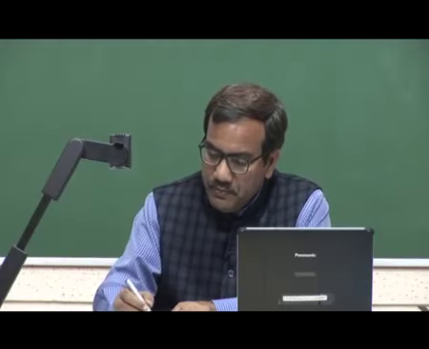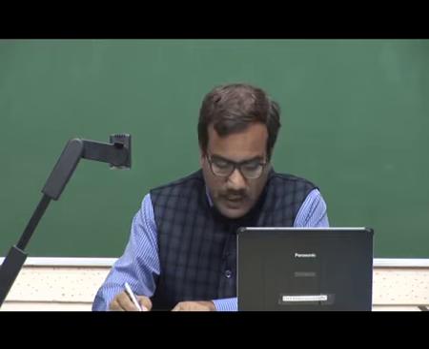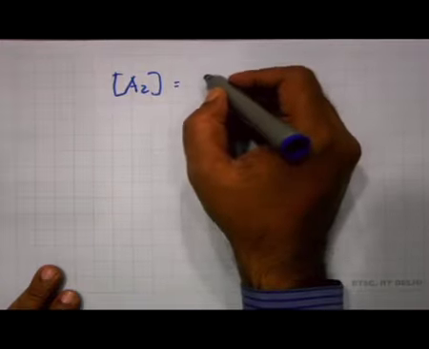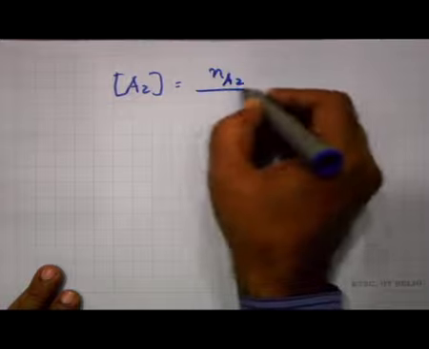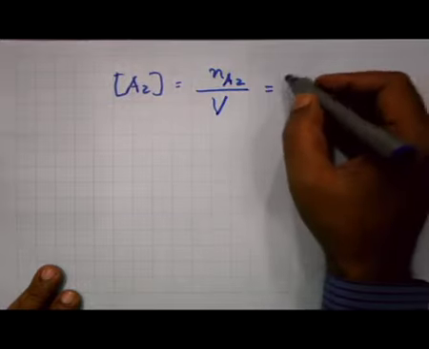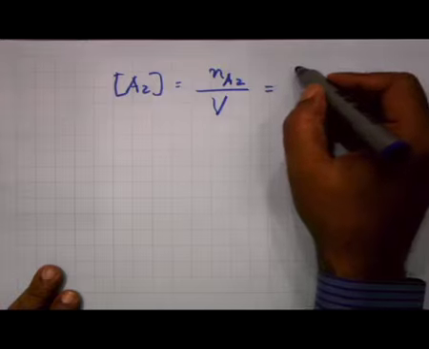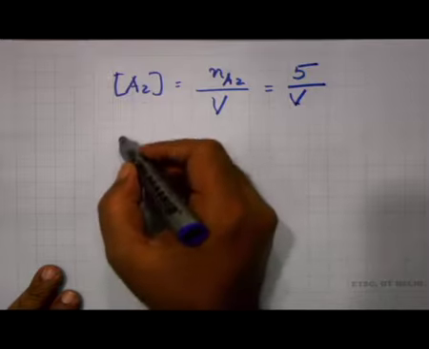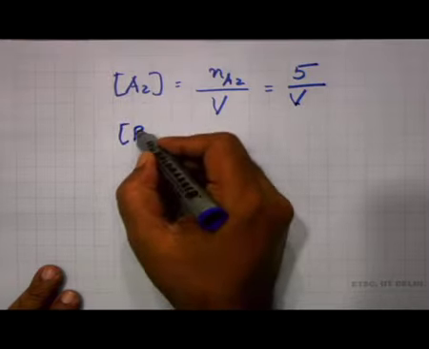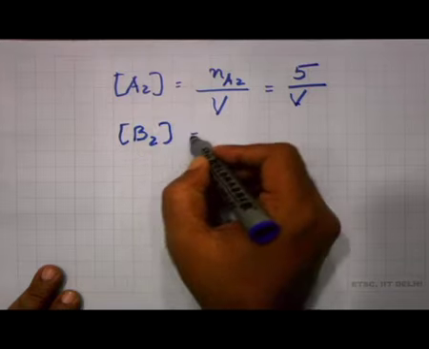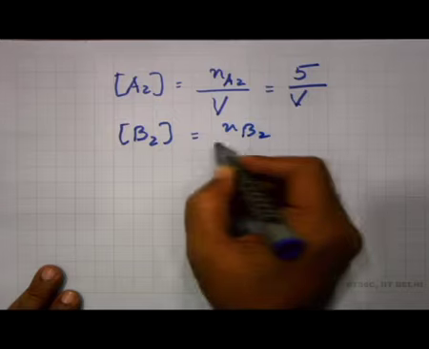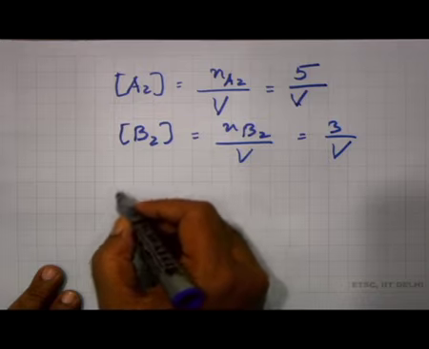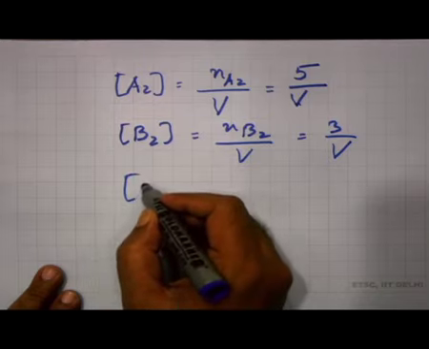Once you know the volume, we can simply calculate the concentration of A2. Concentration of A2 is the number of moles of A2 by volume, and the number of moles of A2 is 5, divided by V. And similarly, you can calculate the concentration of B2, which is nB2 by V, and that is 3 by V. And then you can calculate the concentration of your AB2.